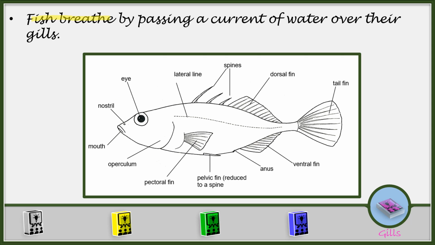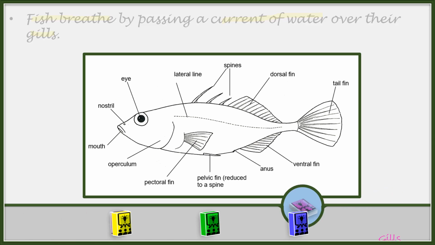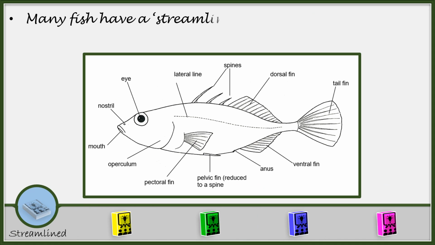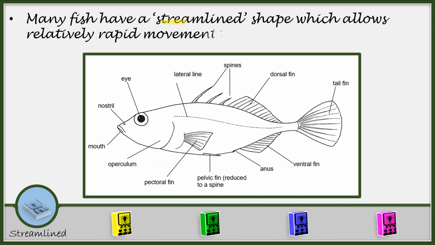Fish breathe by passing a current of water over the gills. Many fish have a streamlined shape, which allows relatively rapid movement through water.